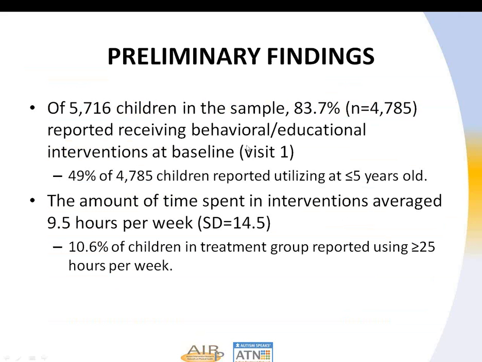Half of the children who receive any intervention reported utilizing the service at 5 years old or younger. The average reported total hours of services is 9.5 hours per week, and only 10.6% receive 25 hours or more per week.